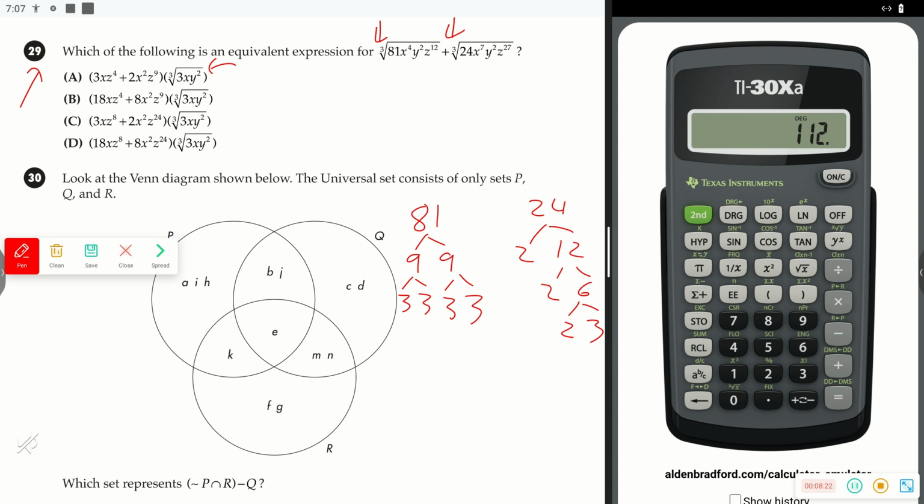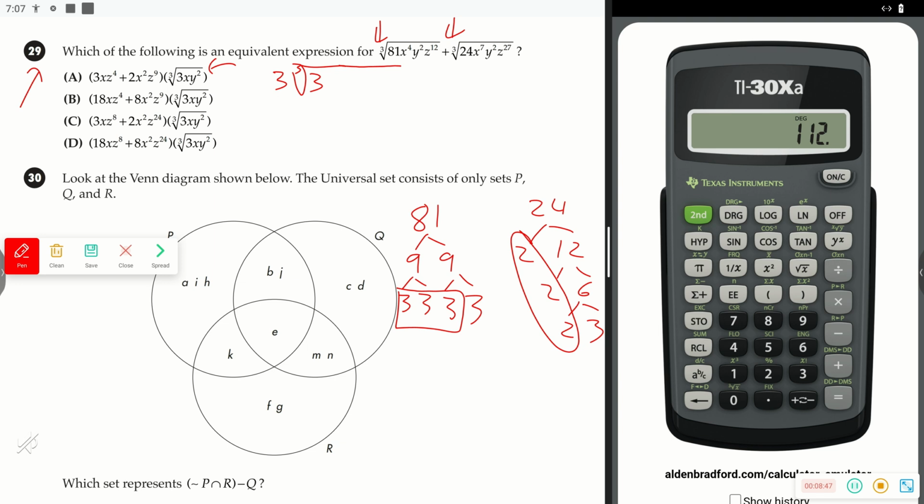Now, if you notice, we have 3 times 3 times 3, and we have 2 times 2 times 2. So whenever we rewrite these, we know we're going to be factoring those out. So for this first one, we're going to factor out a 3, and then we're going to have the cube root of 3 underneath.